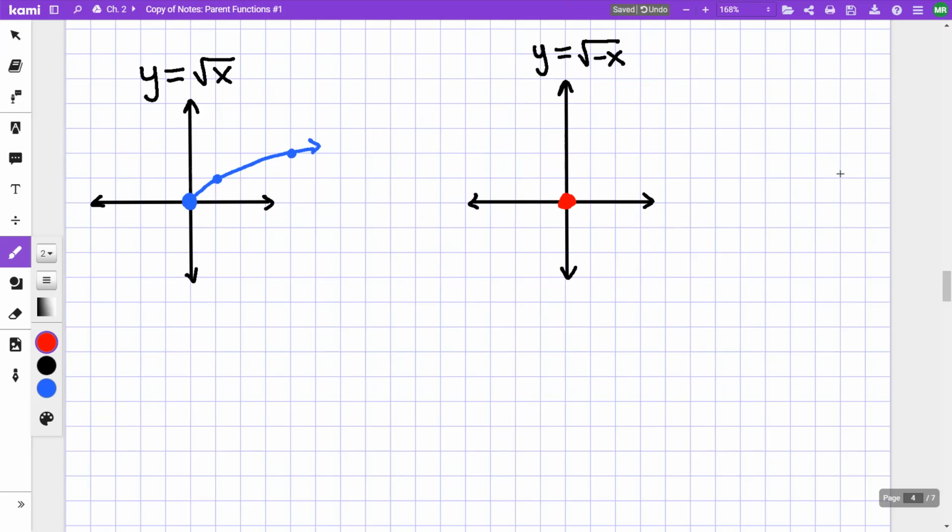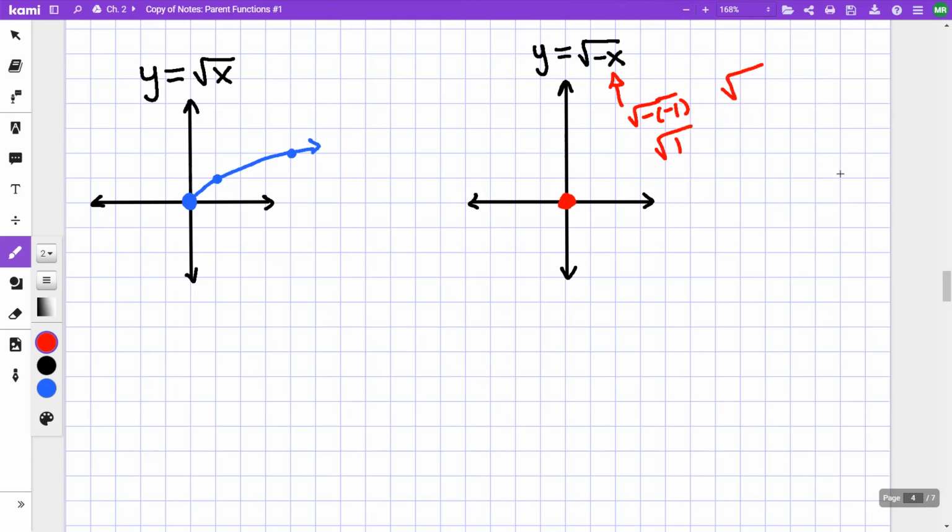I have 0, 0 still because the square root of a negative 0 is still going to be 0. But I cannot put in positive numbers because if I put in a positive 1, I get the square root of a negative 1. If I put in a positive 2, I would have the square root of a negative 2. That's not possible. But if I put in a negative 1, that would give me a positive 1.